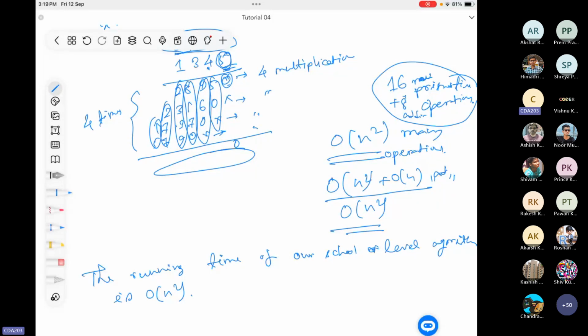So that 7-8 is not that much of a problem. I just cleared up why I did not write 16, why I'm saying that it's more than 16. Yes, carry addition will be counted. Yes, still it is in order n.